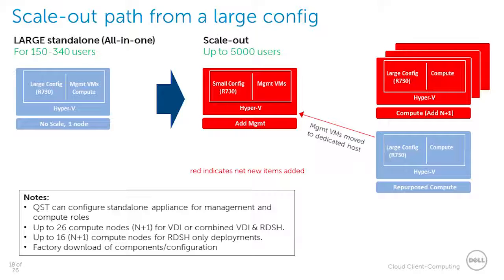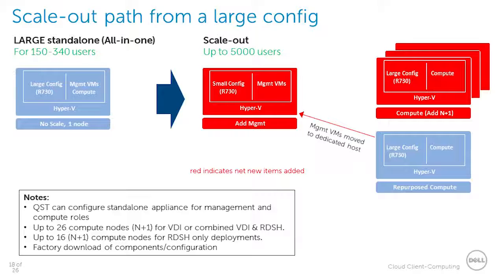All the complexity in terms of having to figure out, well, do I need to reinstall this component on this server, is hidden. It's not even visible to the IT generalist. He simply goes to the Quick Start tool, launches it, and then goes through a process of scaling out how many additional virtual machines he needs or how many additional shared sessions he may need, depending on which Citrix platform he's going to deploy.